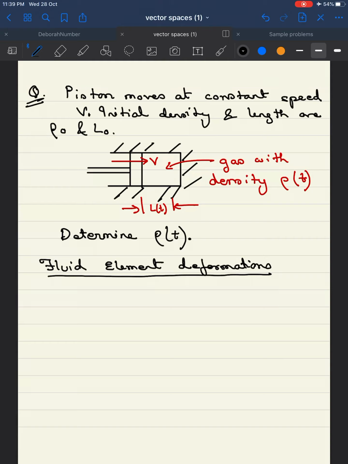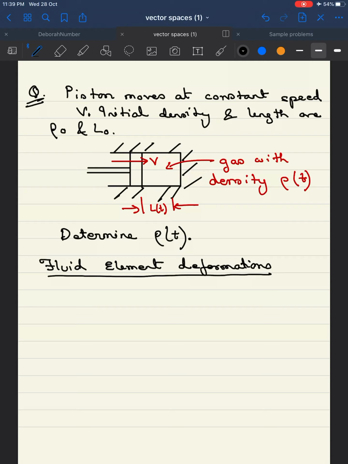So to understand fluid element deformations, the first thing we have to know is that any general deformation can be composed into a set of sub deformations.